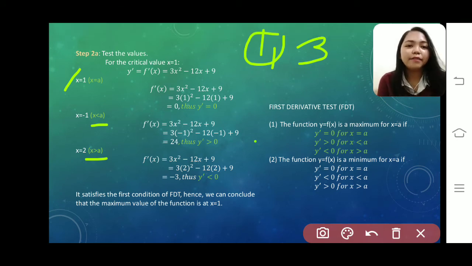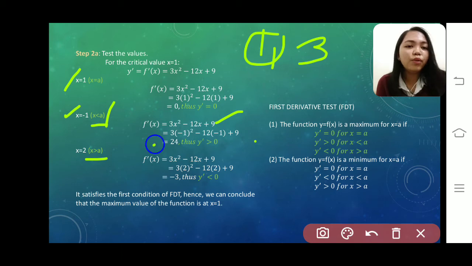So, we have to consider the values x less than 1. Meaning, kahit anong value na pwede natin i-substitute na basta less than 1. So, I chose x equals negative 1. And then, anong gagawin? Isa-substitute lang natin siya dun sa first derivative natin, dun sa equation ng first derivative.